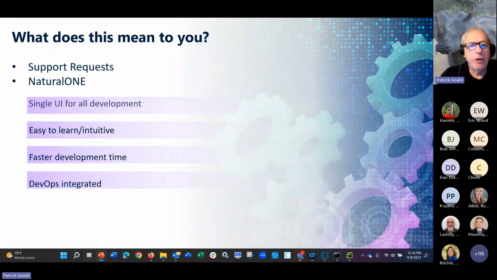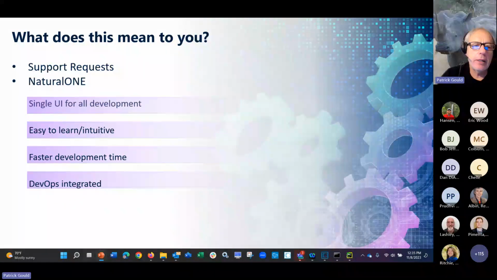So support requests, like I say, we'll always help you, no matter what version you're on. The only caveat there normally is if your particular request requires a zap or some sort of code change, you're not likely to get that. But if there is an existing fix available, that will always be supplied to you during the support request process.